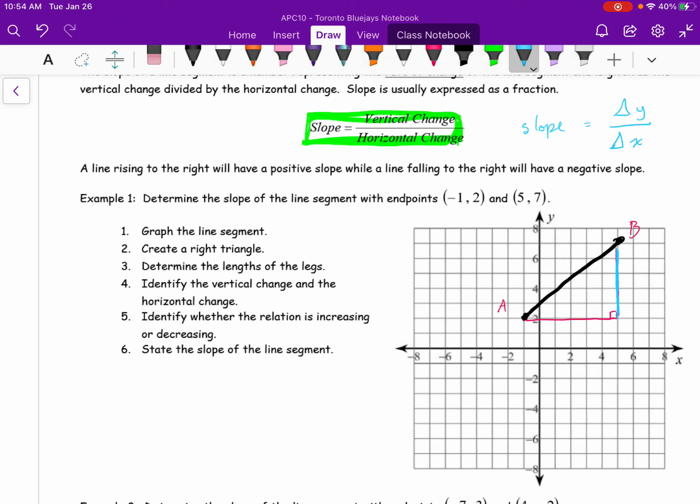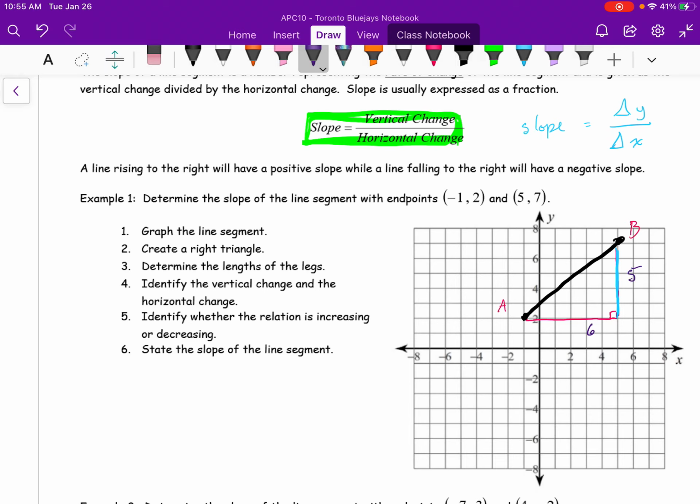So, determine the lengths of the legs. So, the horizontal leg, or the red leg, I'm going to count out as 1, 2, 3, 4, 5, 6. It's 6 units long. Whereas the blue leg is going to be 1, 2, 3, 4, 5.